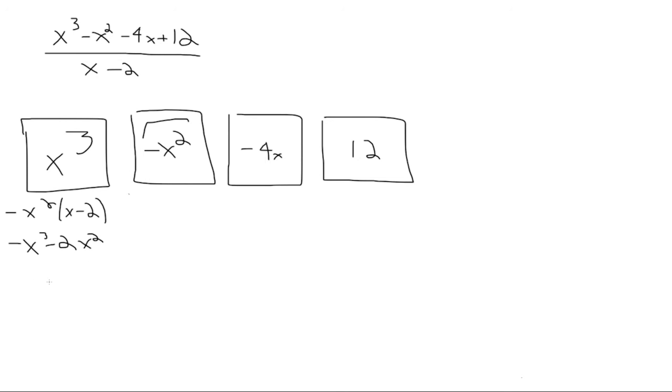Okay. Right? Or plus 2x squared. Sorry. Forgot to write that. Okay, so we're subtracting x cubed minus 2x squared. The negative carries in, so negative x cubed, that's equal to negative x cubed plus 2x squared.